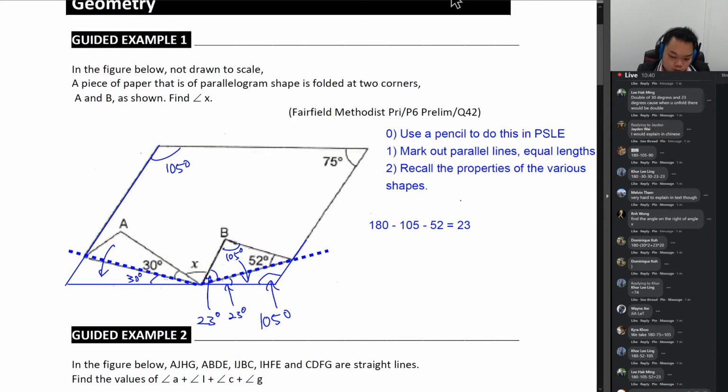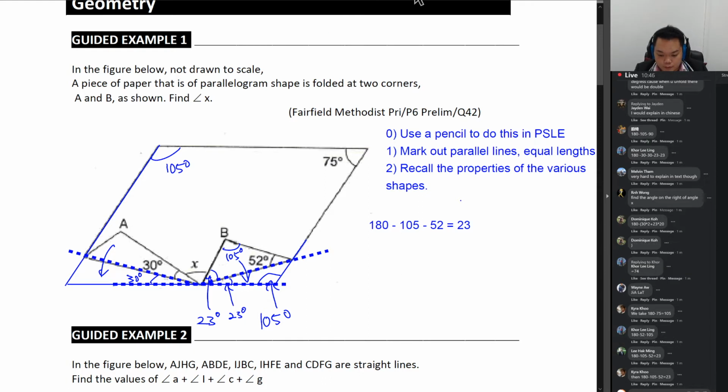Angle X is here, and it lies on a straight line. Therefore, this will just be 180 degrees minus 23 minus 23 minus 30 minus 30, and you will obtain 74 degrees. So the answer here is 74 degrees.